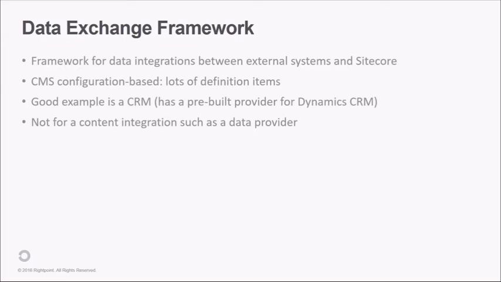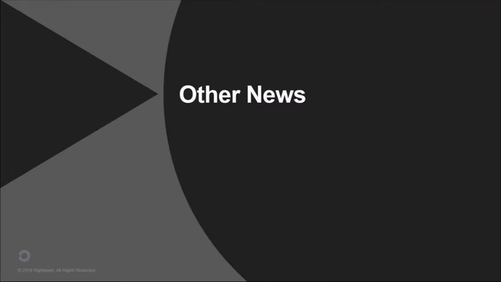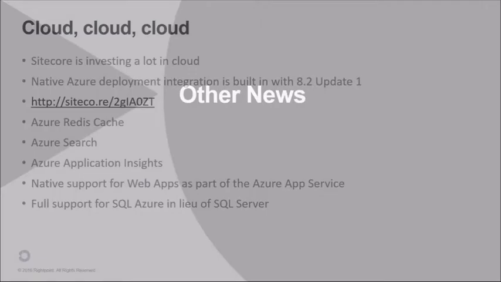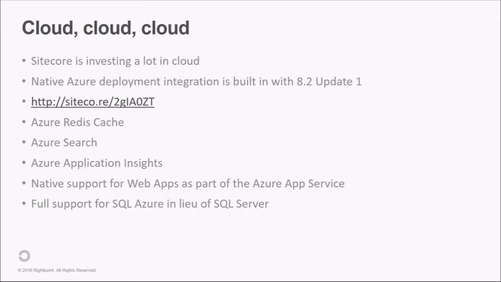Maybe you want to give them a promotional offer for, I don't know, free Band-Aids. I'm not really good at that side of it, but obviously for your business case. So this is a framework for bringing that data in and out.